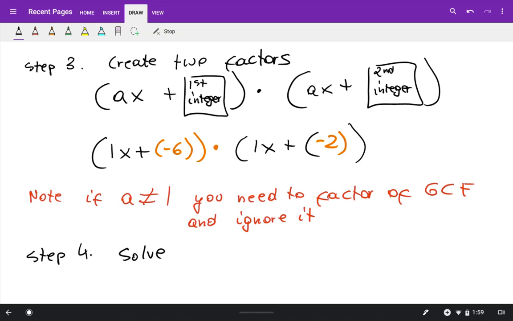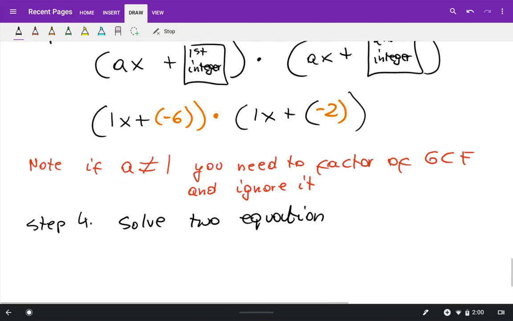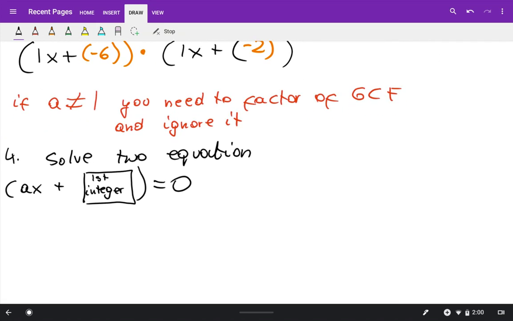solve two equations. So again, you're solving two equations. Ax plus first integer equals 0. And the second equation will be ax plus second integer equals 0.